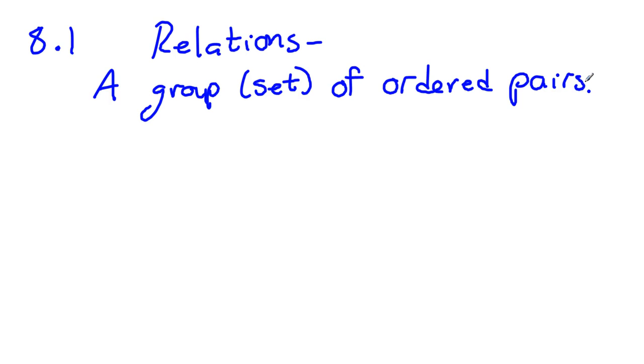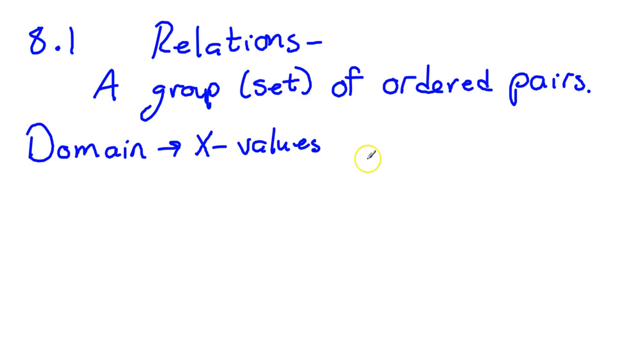The very first thing that once you've got all these different ordered pairs is they're going to talk about domain and range. And the domain, that's going to be your X values. Sometimes they'll call that your input.